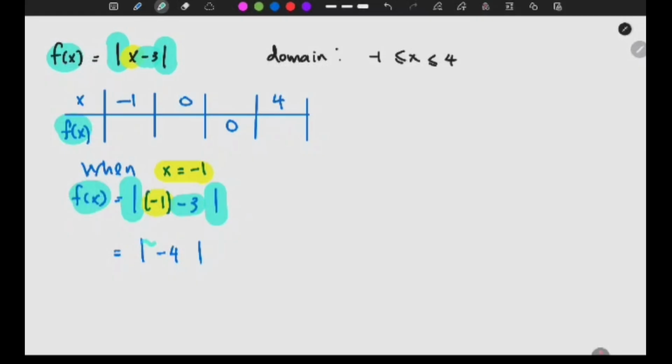Now, is this our final answer? The answer is no. Because remember, I told you just now, when there is a number inside a modulus, whether it is a positive or a negative number, the outcome has to be a positive answer. So if I put -7 inside my modulus, it will be 7.